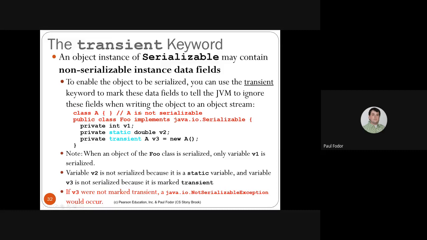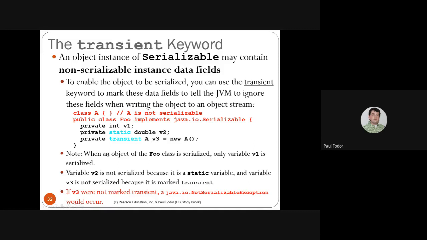The class A doesn't implement java.io.Serializable. The class Foo implements Serializable and has three data fields: the private integer data field v1, the private static double v2, and the private transient value of type A, v3.